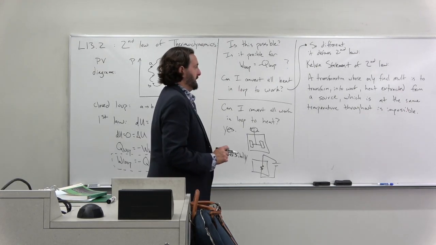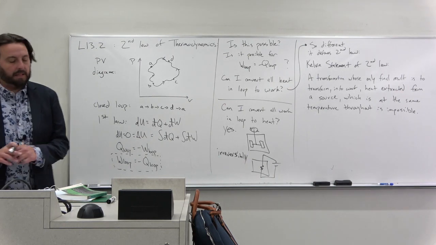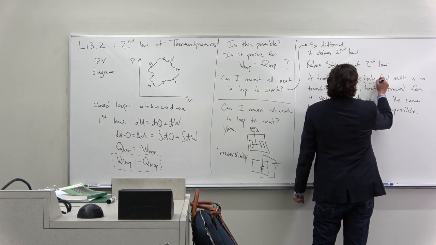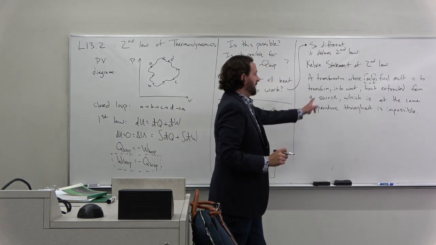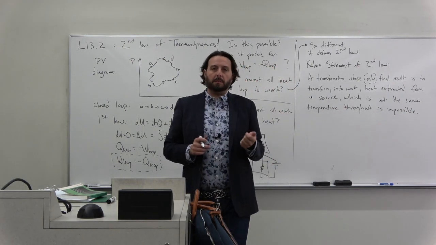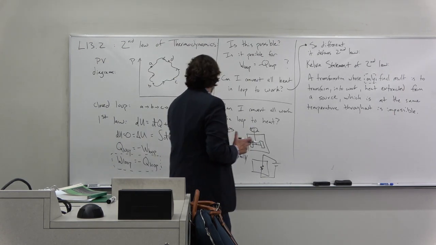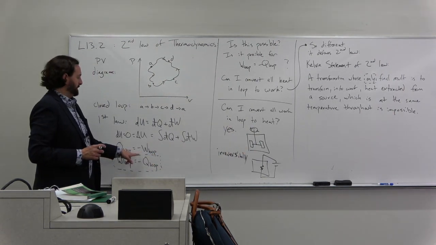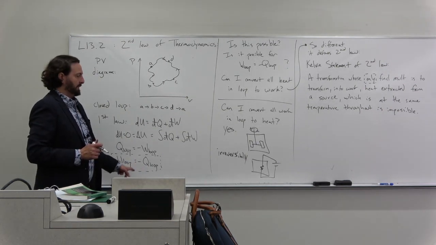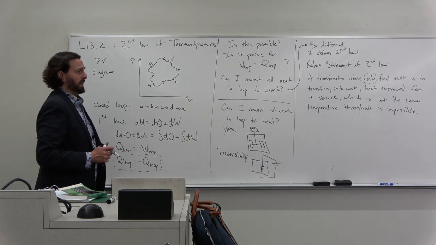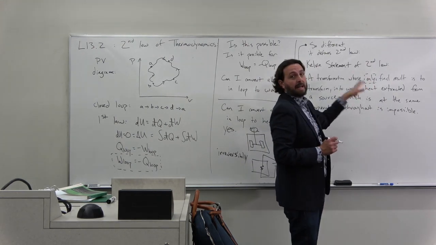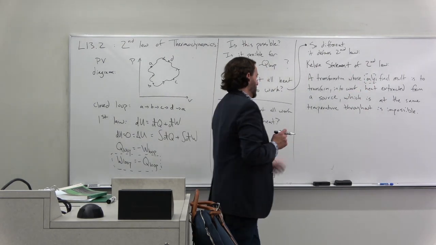So let's parse this. There's two key things. One of which is the "only", that is, the only final result being work. Here we're saying we're going to do something using some heat, and we can't only extract work. So this one is not possible because you're having to put heat in, for example, but it's transforming into work only. You've got to have something besides work being produced, and we'll see what that is.